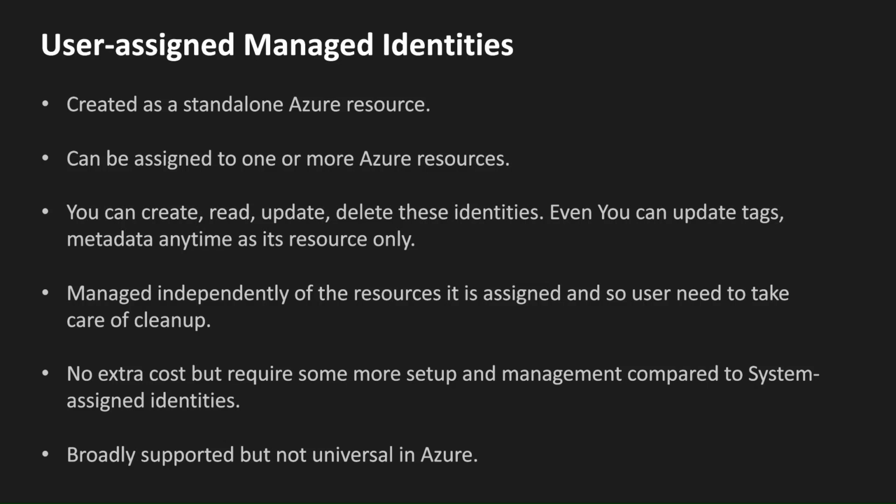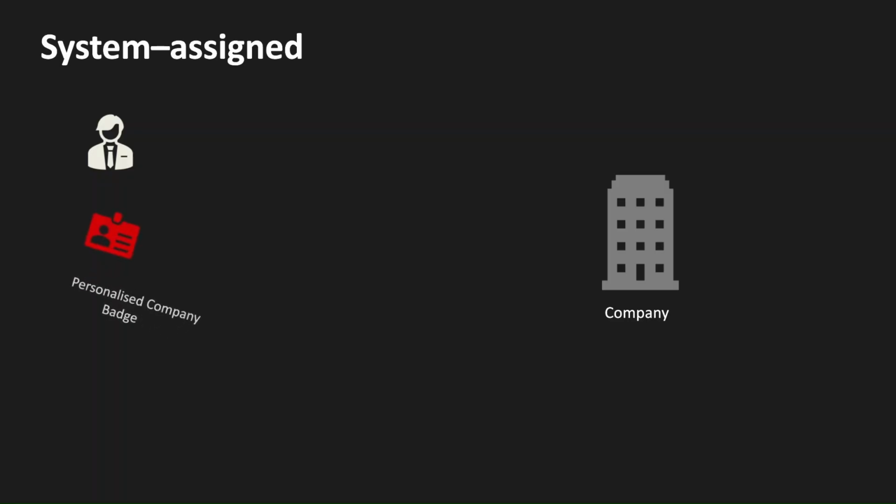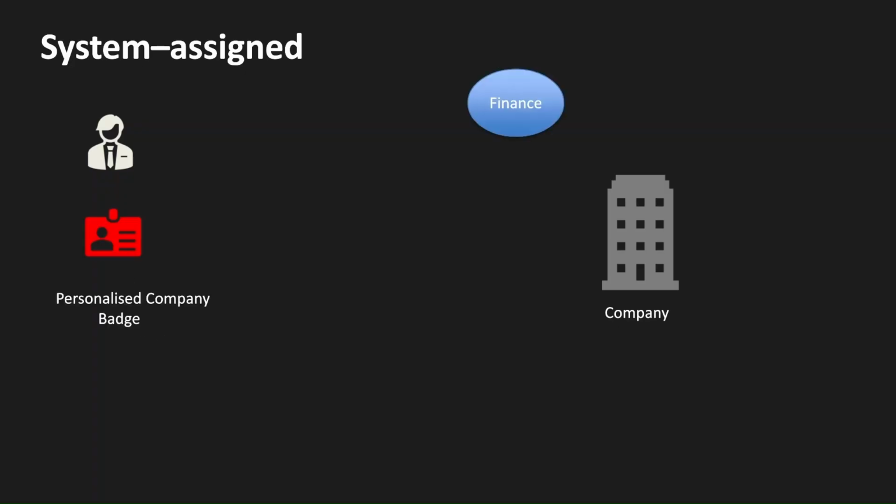Okay, let's understand both of them using a scenario. There is a new employee who has joined a company, and this company has multiple departments. Now he is issued a personalized company badge or tag that gives access to finance, HR, and IT department.